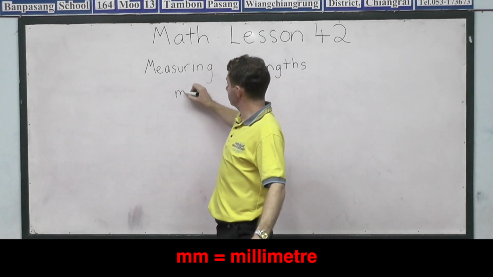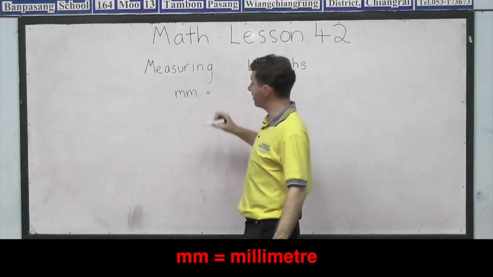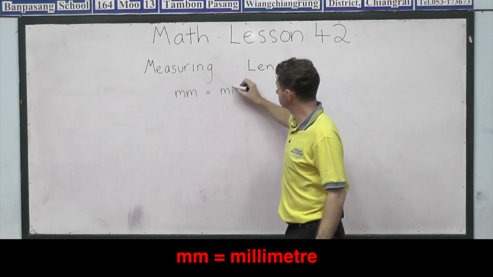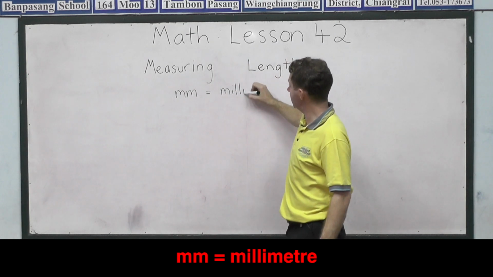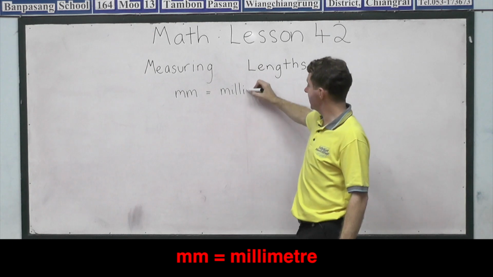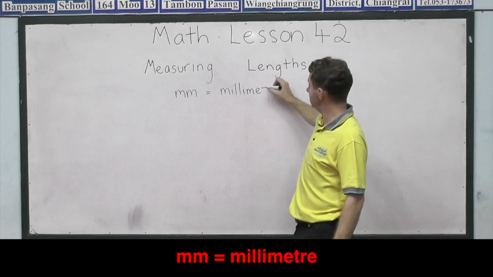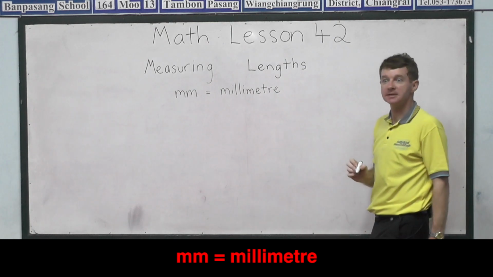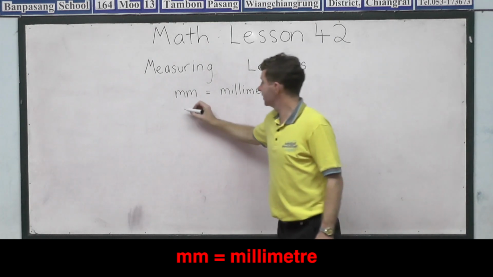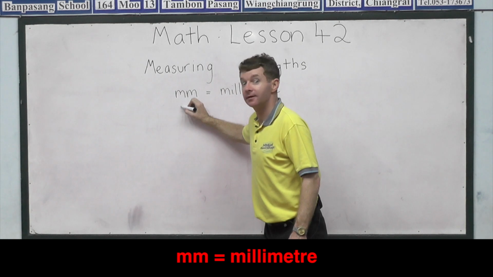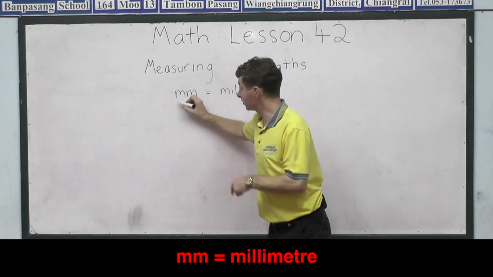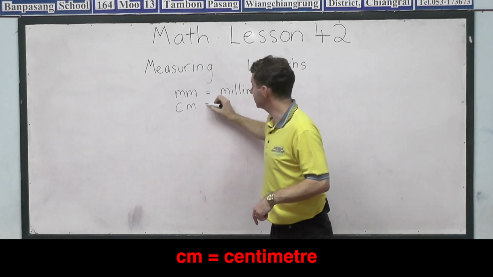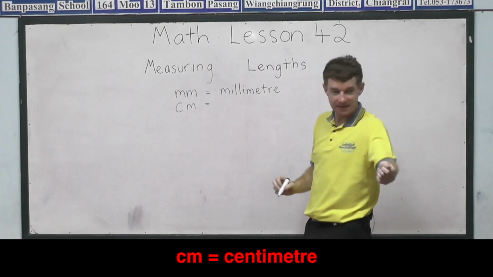We have mm. And what does mm stand for? Millimeter. M-I-L-L-I-M-E-T-R-E. Millimeter. Next we have centimeter. So the short version, cm, equals centimeter.